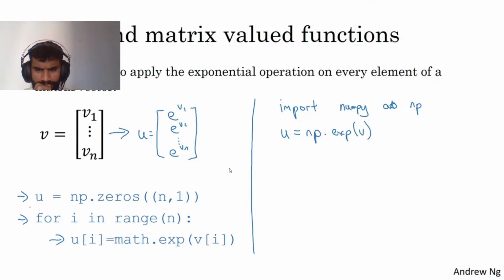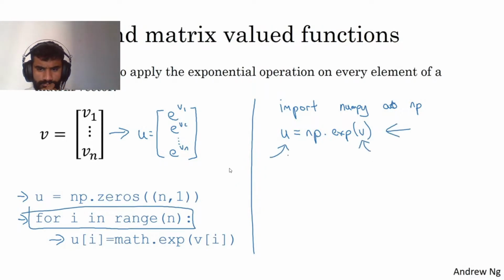Notice that whereas previously you had an explicit for loop, now with just one line of code, v is an input vector, u is an output vector, you've gotten rid of the explicit for loop, and the implementation on the right will be much faster than the one needing an explicit for loop.